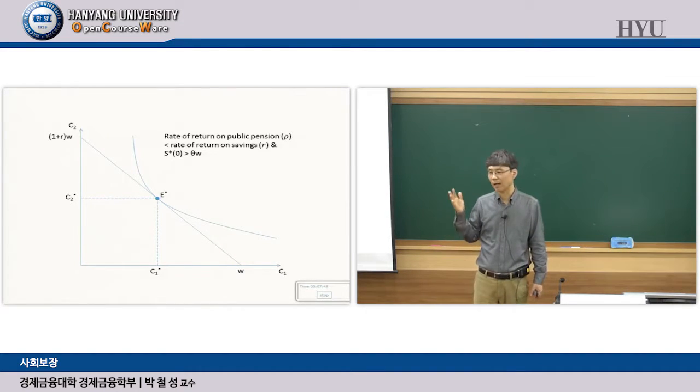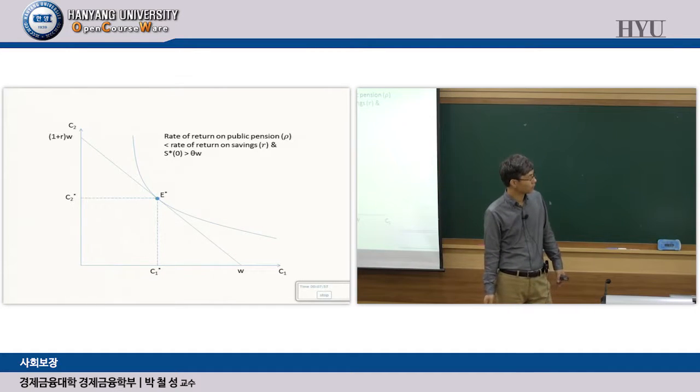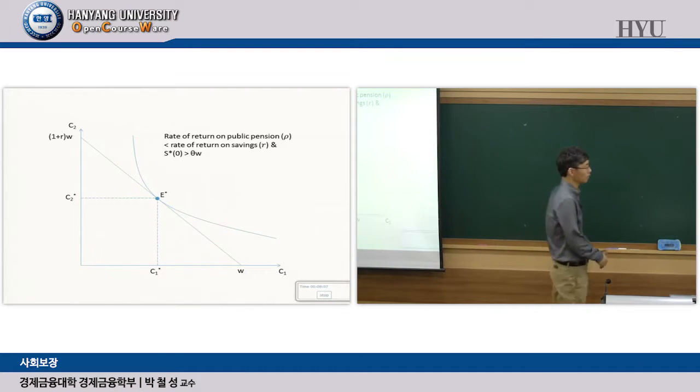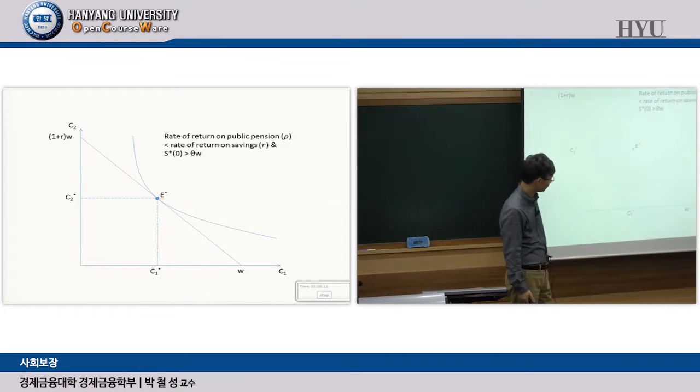It is very unlikely that the rate of return to pension savings is higher than the rate of return to private savings. I mean, in the short run, probably it's possible, but in the long run, if you look at your whole life, it's likely that the rate of return to pension is smaller than the rate of return to private savings. So that's the situation we're going to talk about.